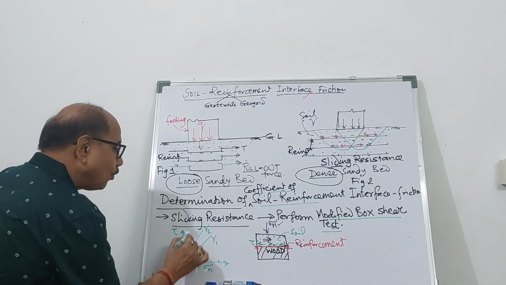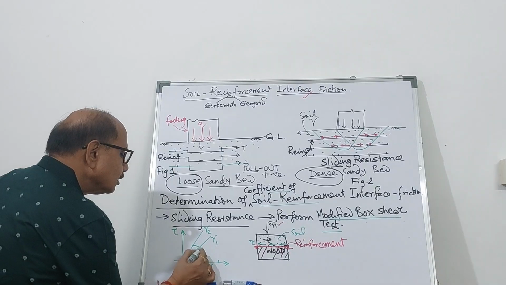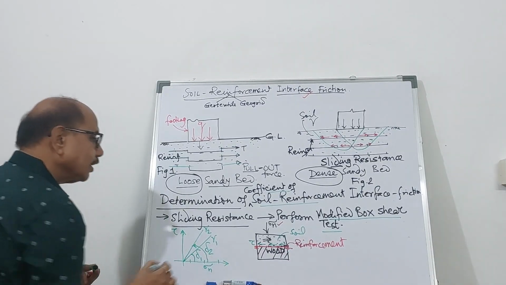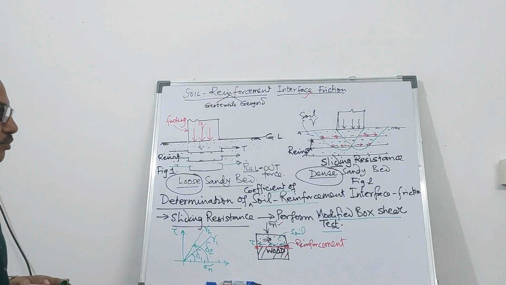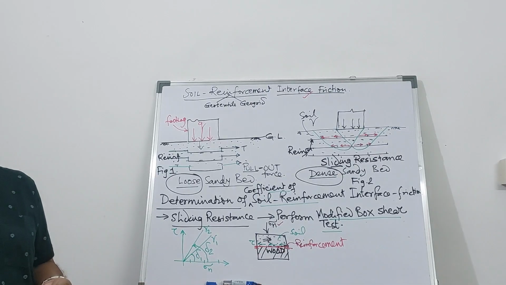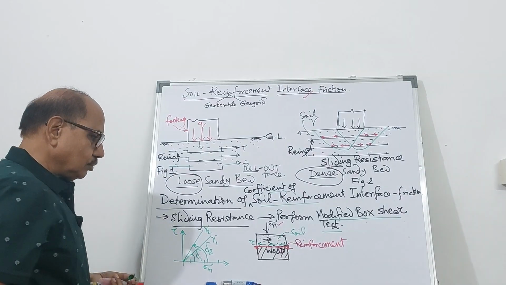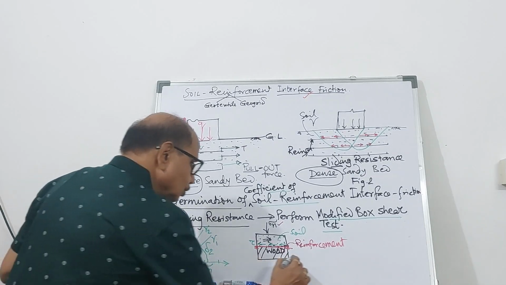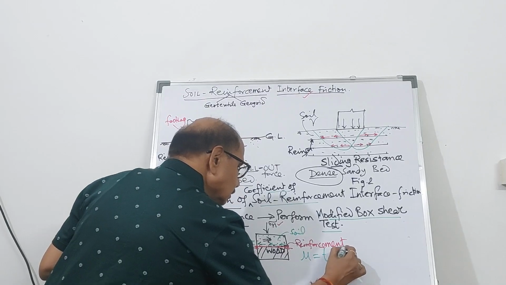Then, for the given reinforcing element, you can find out the coefficient of soil reinforcement interface friction or angle of wall friction, mu equal to tan delta. You can find it out by performing this: mu equal to tan delta.